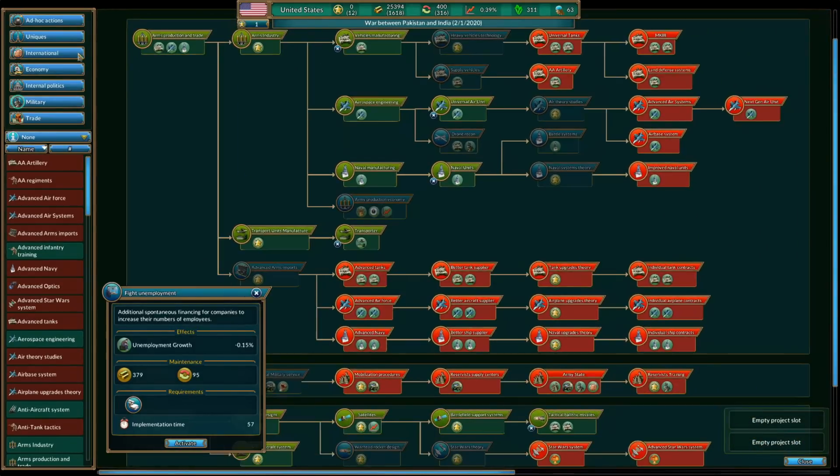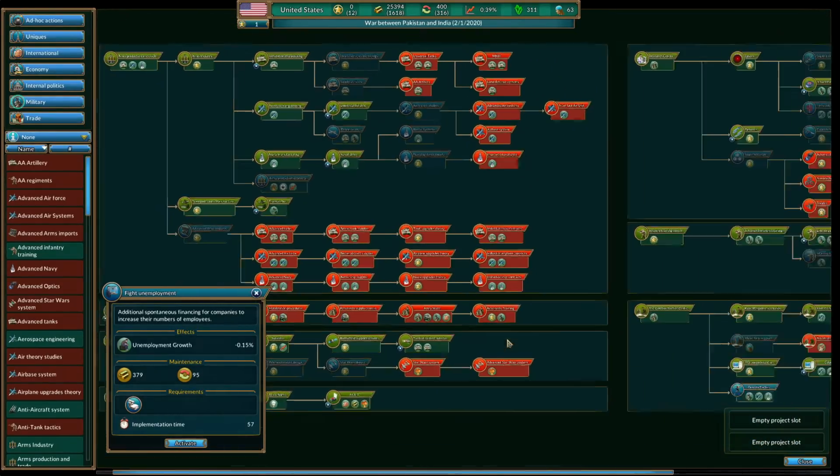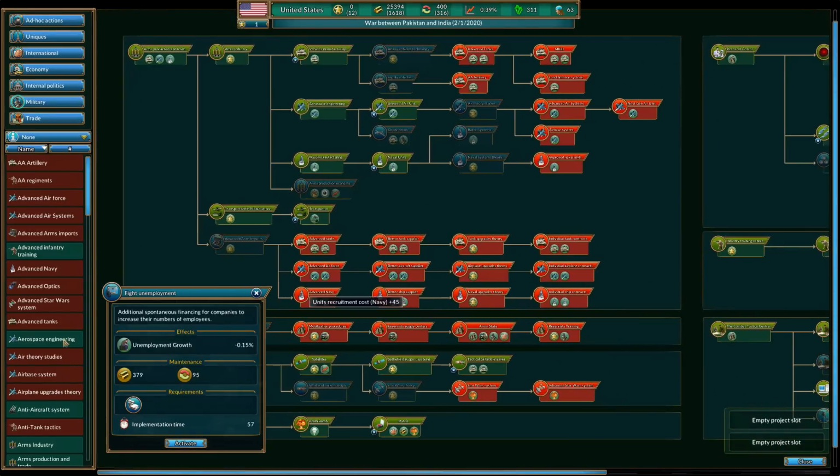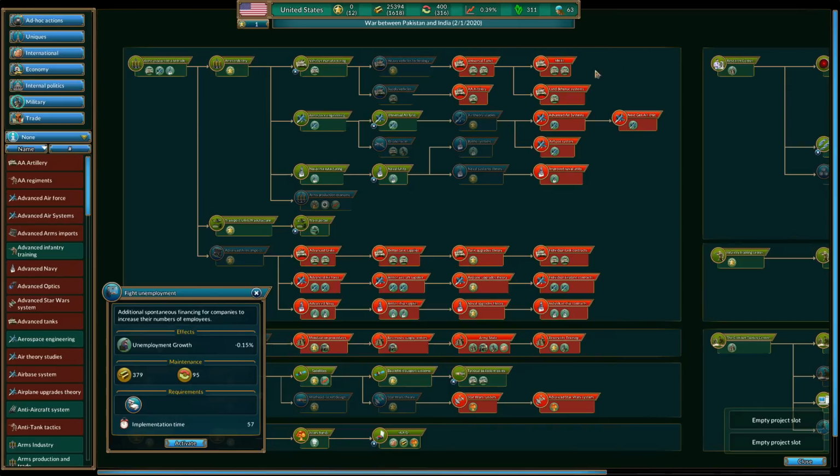Now, moving on to military. As I said, there's a lot of different things here. You have mainly your stats in this box right here. There are others elsewhere, but you've got tank upgrades up top, air upgrades below that. You have some things that influence infantry sprinkled in between. There's naval.